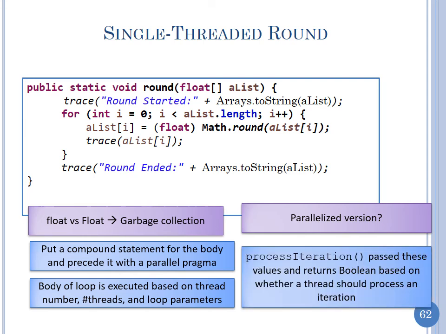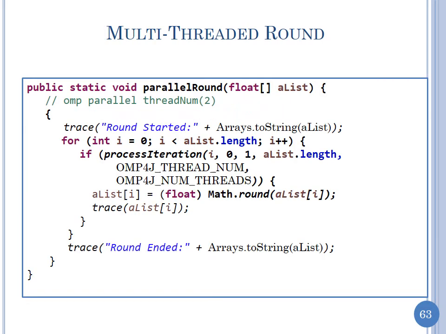Okay, so we're going to assume there is some method called process iteration, a partitioner, the kind of partitioner that you guys had, that will return a boolean based on whether the thread should process an iteration or not. So this is my code. I haven't given you process iteration here, but I'm just calling process iteration.